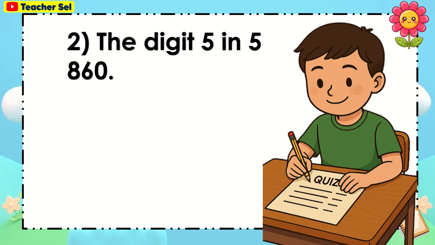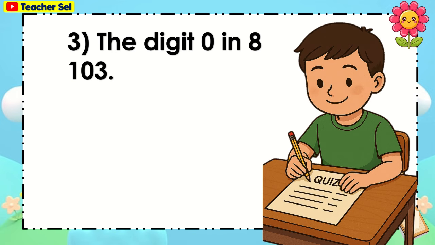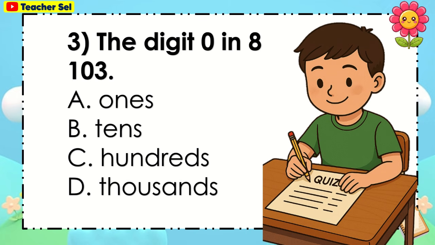The digit 5 in 5,860: A ones, B tens, C hundreds, D thousands. The digit 0 in 8,103: A ones, B tens, C hundreds, D thousands.